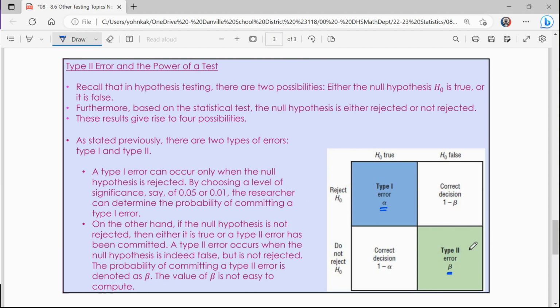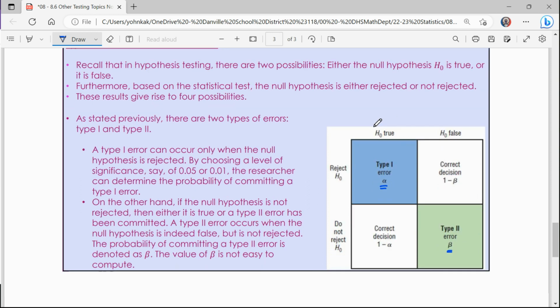This type 2 error occurs when the null is indeed false, but is not rejected. So the probability of committing a type 2 error is denoted as beta. And the value of beta is not easy to compute. You'd think it would be, but it's not.